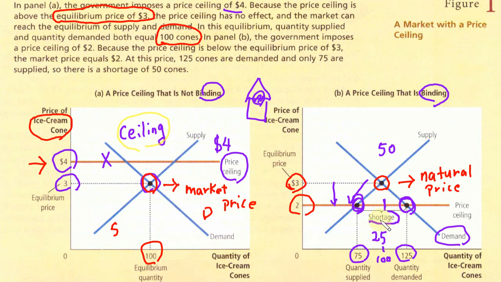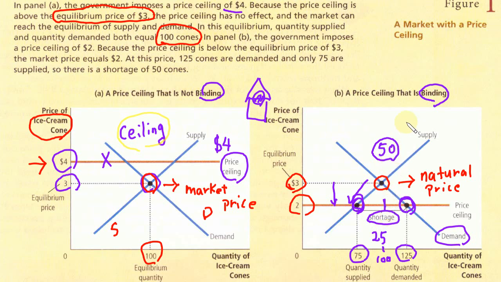What is the meaning of shortage? The shortage is the gap between supply and demand.